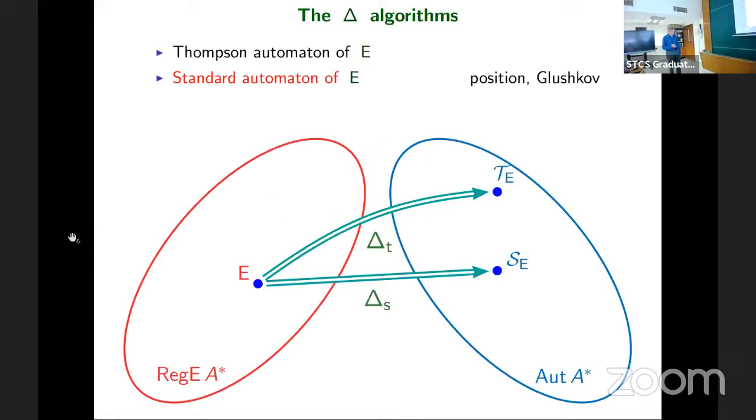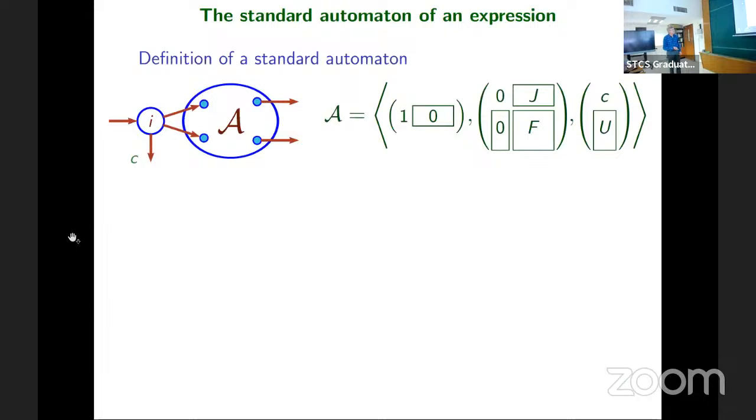Now, for the standard automaton that is defined by Glushkov, I will not take the definition given by Glushkov or the usual description. I will follow exactly the same idea. I'll first define what is the standard automaton.